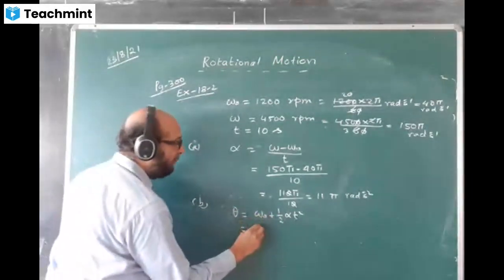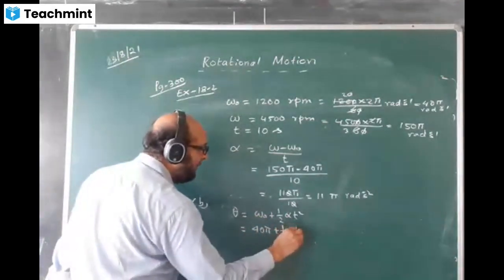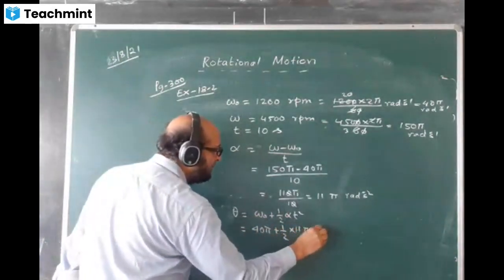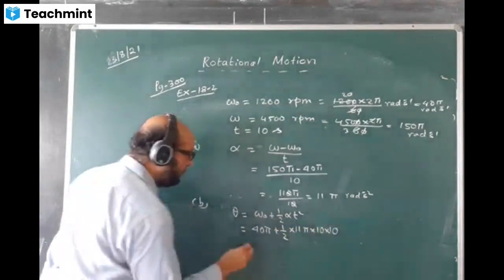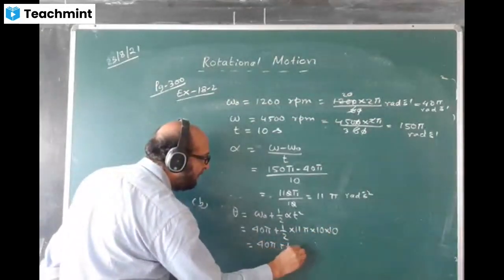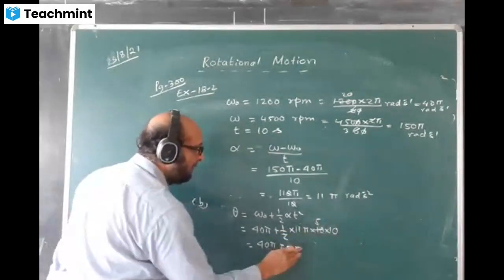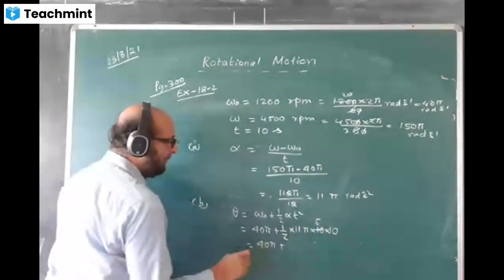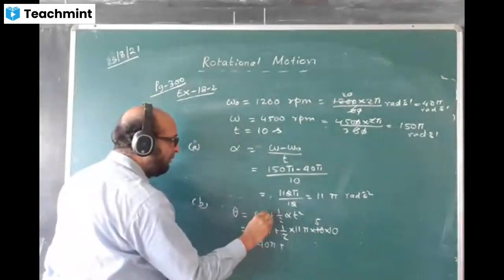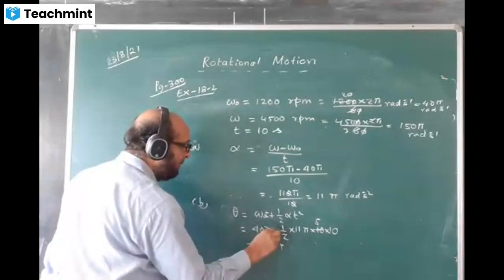Omega naught value we have is 40 pi, right? Plus half, alpha value is 11 pi, timing is 10, so 10 into 10 I do. Omega naught t, I forgot the t. Yes, you're right, into 10.